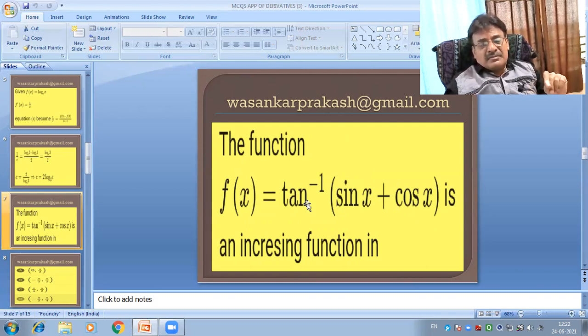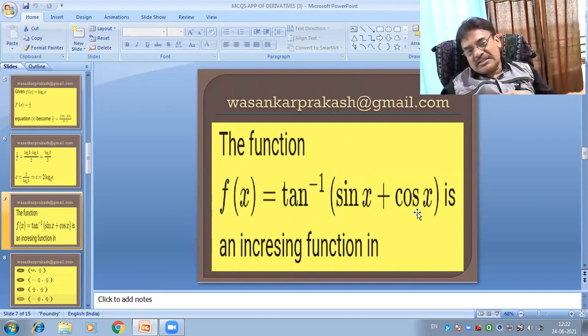We know that if f of x is equal to tan inverse x, then f dash of x is equal to 1 upon 1 plus x square. Or this can be written as: if f of x is equal to tan inverse of g of x, then f dash of x is equal to 1 upon 1 plus g of x whole square into g dash of x. And in this formula, g of x is replaced by sin x plus cos x.